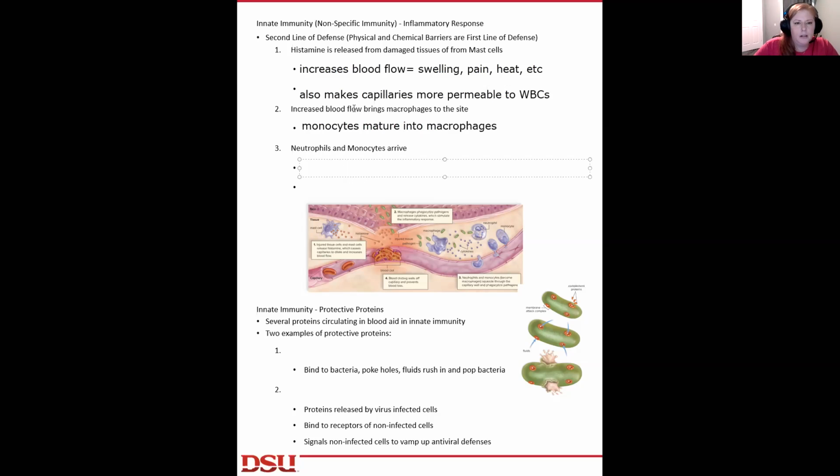Hang on a second. I'm going to cover this because that's not what I wanted to put there. No, that's not what I wanted to put here. I wanted to put here cytokines.